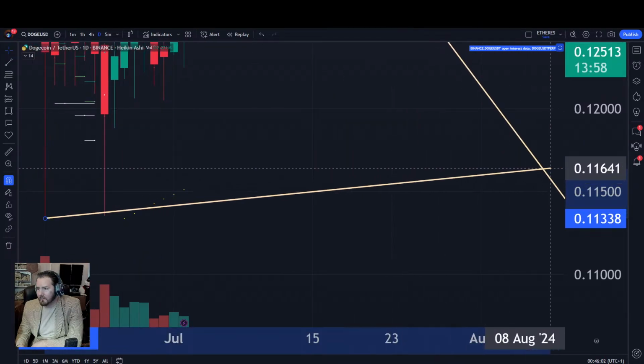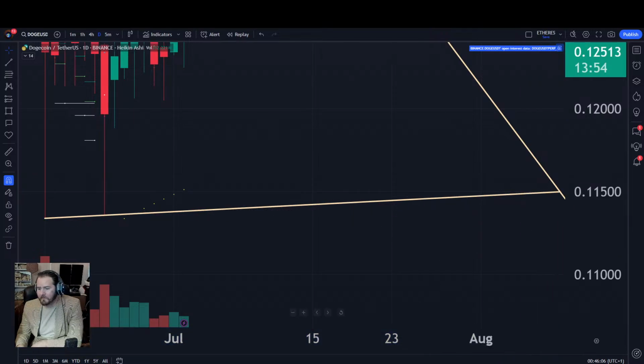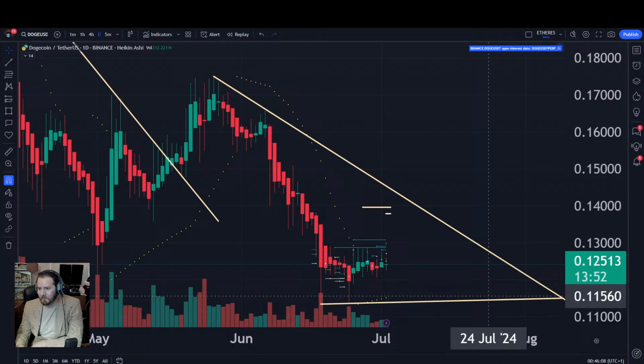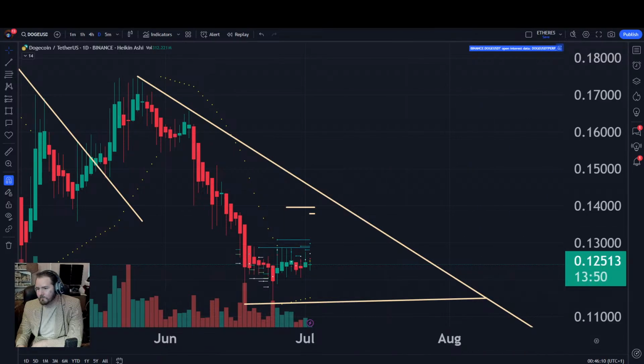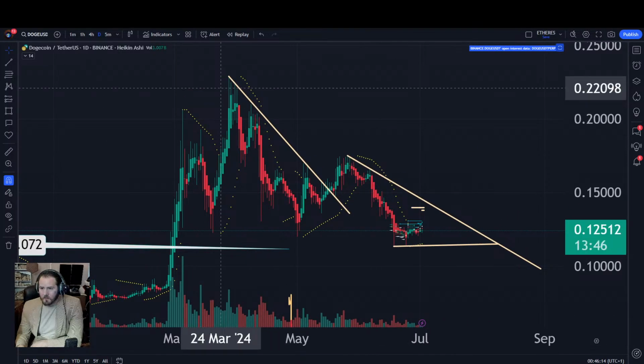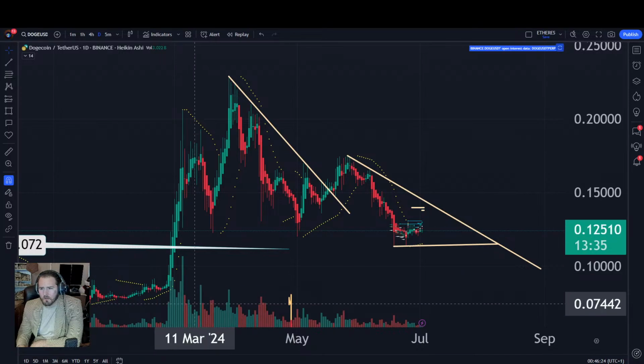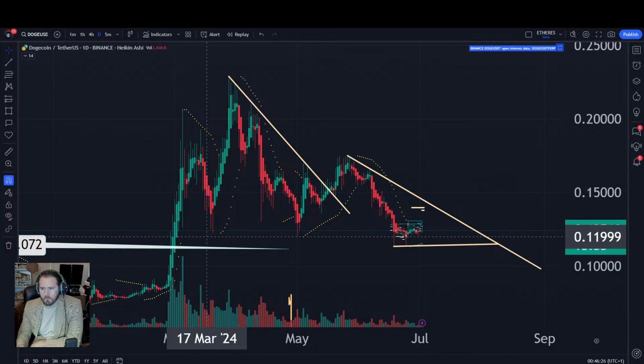So let's draw this. It's only 2 points of data so far. And this is very brutal. Like the way this looks is very brutal. So let me show you something real quick.